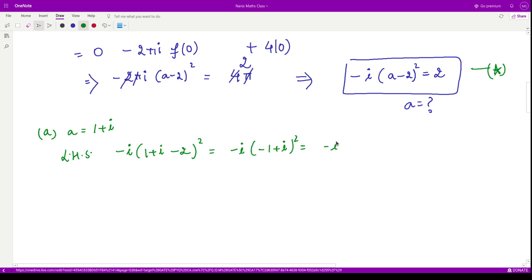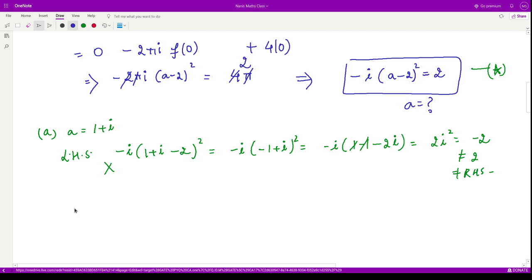So we can simply open up the square. It would be 1, minus 1 square would be 1, plus iota square would be minus 1, and then minus 2 times 1 into iota, right? And this would simply be 2 iota square, that would be minus 2. So this is not equal to 2, which is not equal to the right hand side. So this option is incorrect.